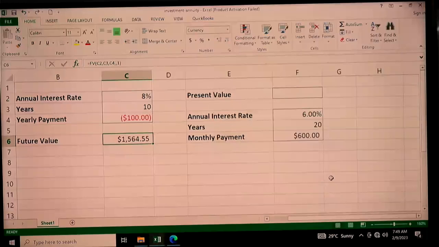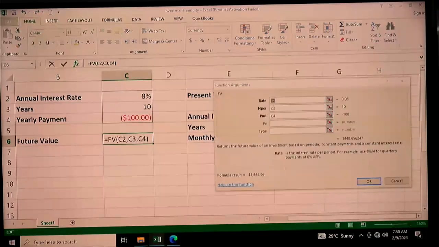I don't know whether you have noted that if the money is paid at the end of the year, this is what our investment will be worth after 10 years. But if that amount is paid at the beginning of every year, then the amount will go a little bit higher.